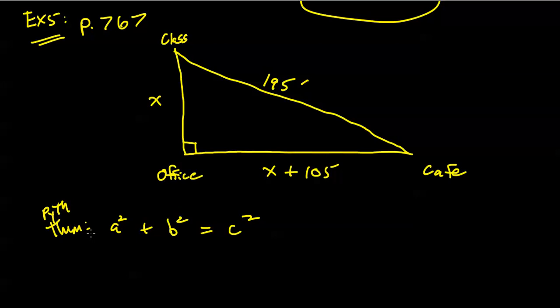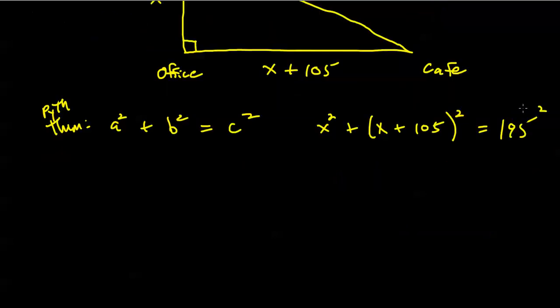We're all familiar with that, so what I can do is square the legs of this right triangle, add up those squares, and then set that equal to the hypotenuse squared. With those substitutions I get this equation, and clearly I'm going to get an equation of degree 2 that I can solve, hopefully by the quadratic formula.